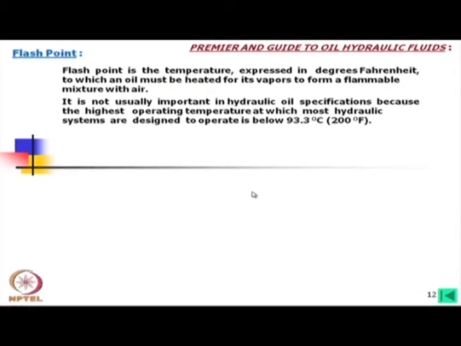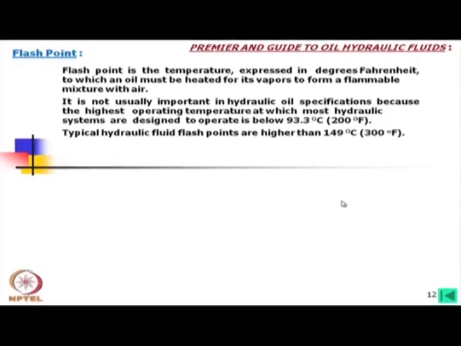It is not usually important in hydraulic oil specifications because the highest operating temperature at which most hydraulic systems are designed to operate is below 93.3 degrees centigrade. Typical hydraulic fluid flash points are higher than 149 degrees centigrade usually. Normally the temperature of the oil may not increase beyond 200 degrees Fahrenheit, which comes to 93.3 degrees Celsius.